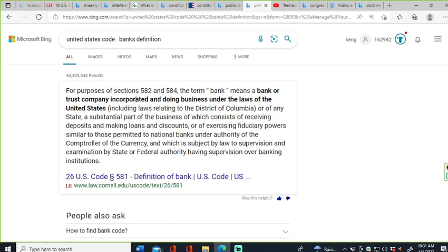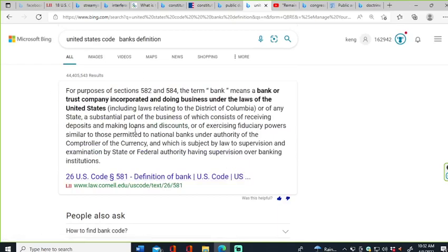So let's go here. For the purpose of section 582 and 584, the term bank means a bank or trust company incorporated and doing business under the laws of the United States, including the District of Columbia or any state, a substantial part of whose business consists of receiving deposits, making loans, discounts, or exercising fiduciary powers similar to those permitted to a national bank under authority of the Comptroller of the Currency, and which is subject by law to supervision and examination by state or federal authority having supervision over banking institutions.